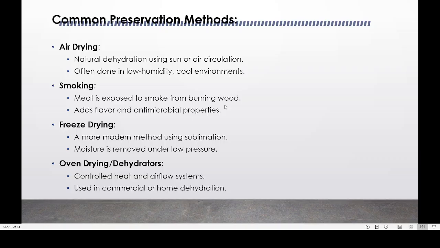Next technique is freeze drying. Here you can see that moisture will be removed under low pressure. I will show you. See, these are all techniques of freeze drying.